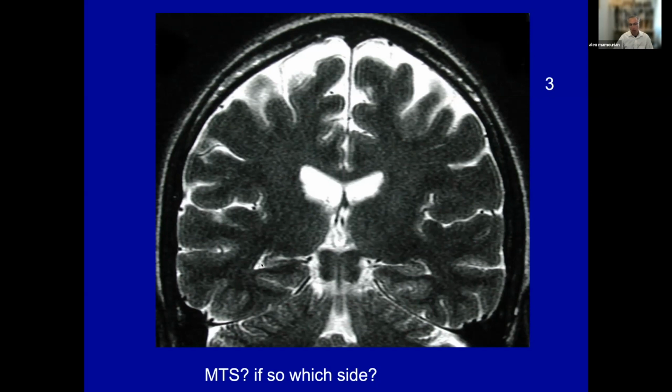Now this enlargement of the temporal horn, some people will talk about that. I personally don't think that's a really powerful predictor, but it does make sense that if you have some tissue loss in the hippocampus, you may see a larger temporal horn, but by and large, not an important localizing sign in and of itself. So again, this is a patient with right-sided mesial temporal sclerosis.